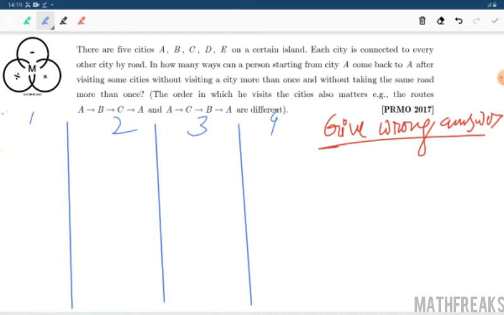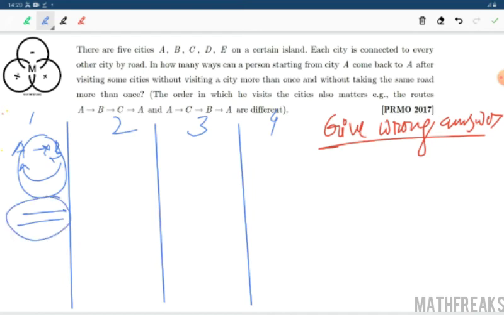Those who will consider one city are wrong. Why? Because you just see, I'm starting from A. Suppose I have chosen B. Then I'm going back to A. I'm using the same road more than once, isn't it? In this way, the same road is used more than once.